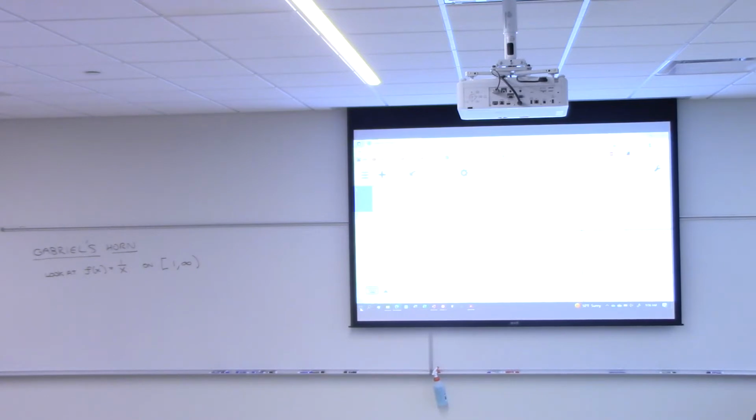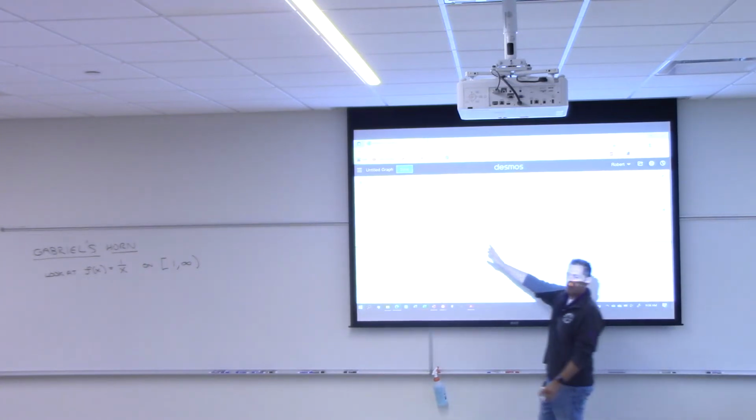Oh, wait. I'm going to restrict the domain to x greater than or equal to 1. So there's your graph. That's 1 over x from 1 to infinity. Goes forever.